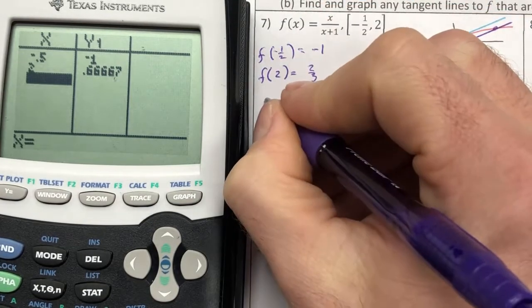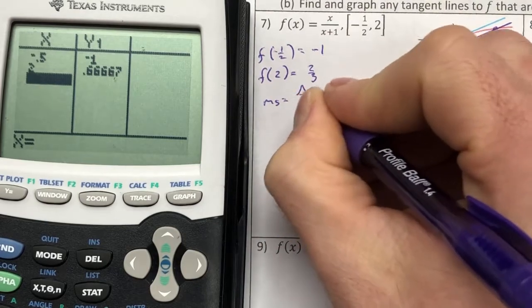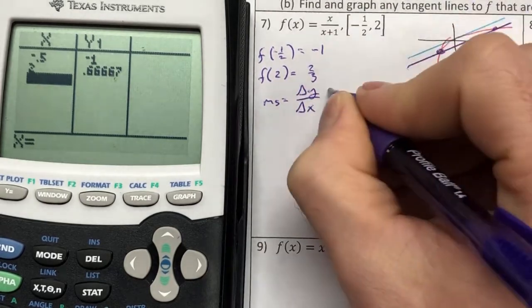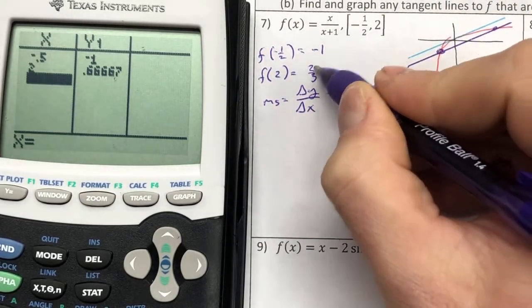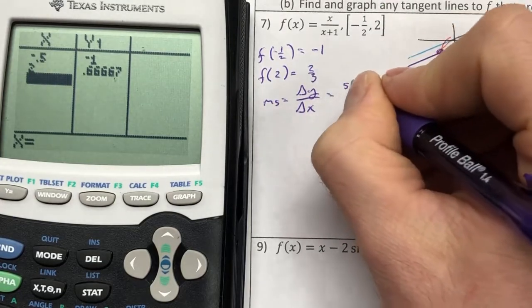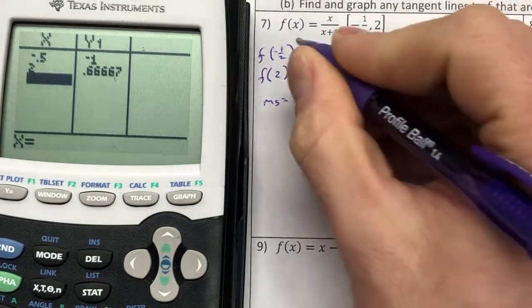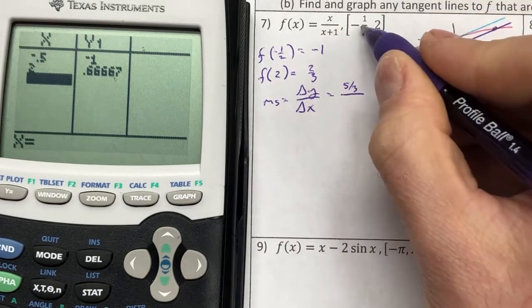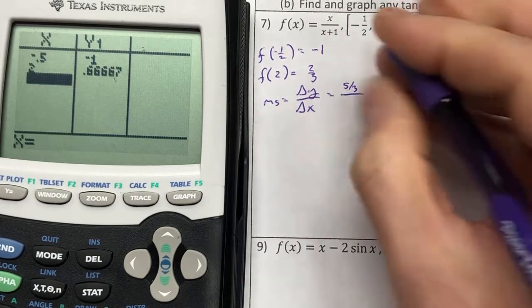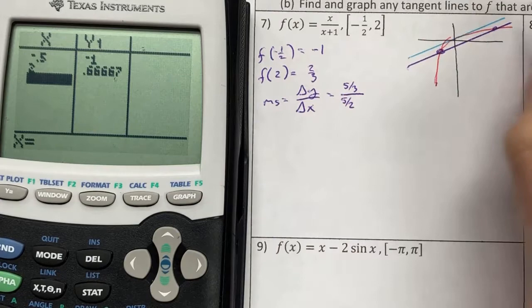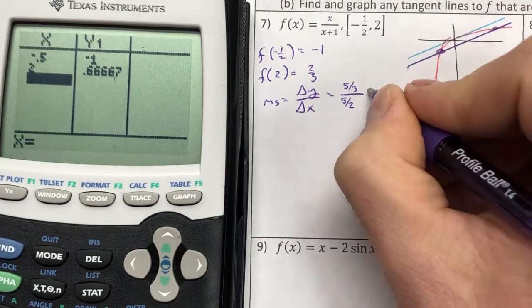And so we know the formula for slope is going to be the change in y over the change in x. My change in y went from -1 to 2/3, so that went up by 5/3. My change in x went from -1/2 to 2, that's 5/2. So 5/3 divided by 5/2.